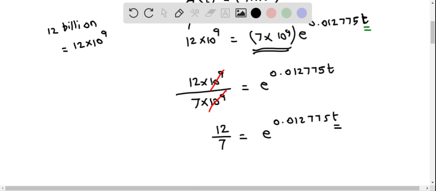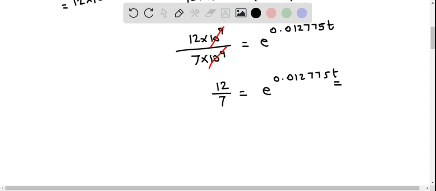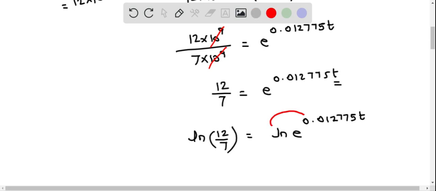Now, to determine the value of t, we have to apply natural logarithm to both sides. So when you do that, the natural logarithm of 12 over 7 equals the natural logarithm of e raised to the power of 0.012775t. Using the power property of logarithm, we can bring this power in front.